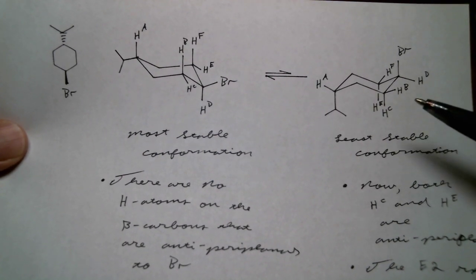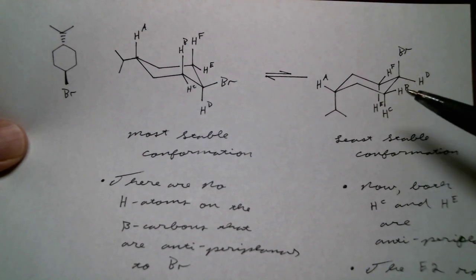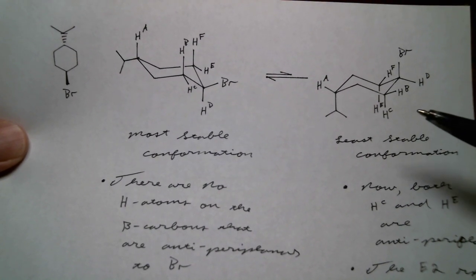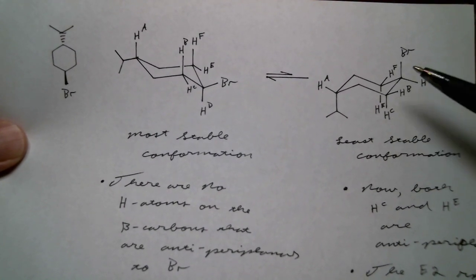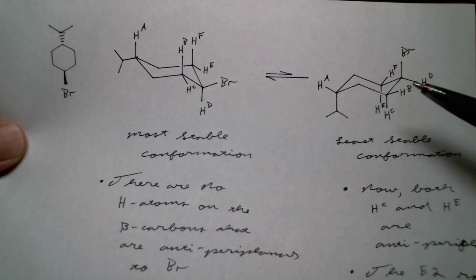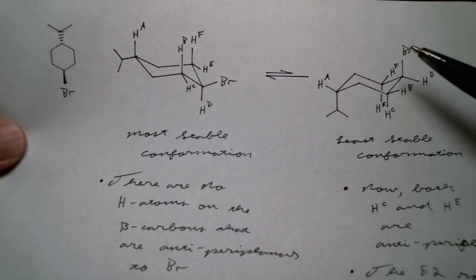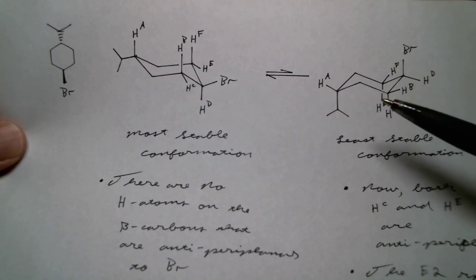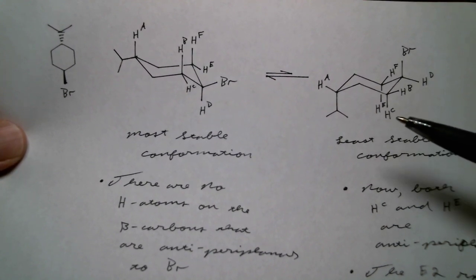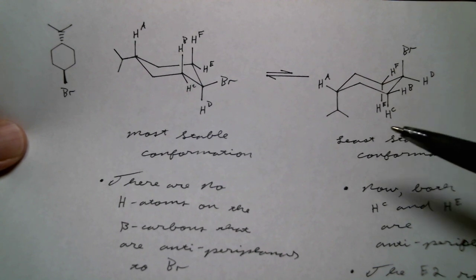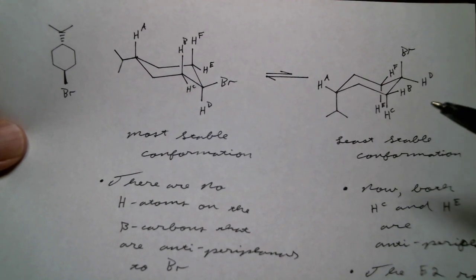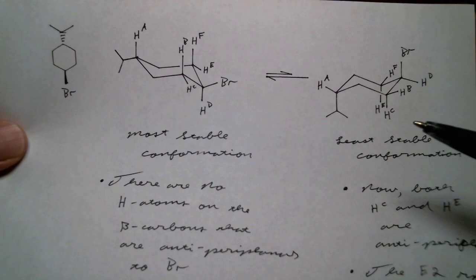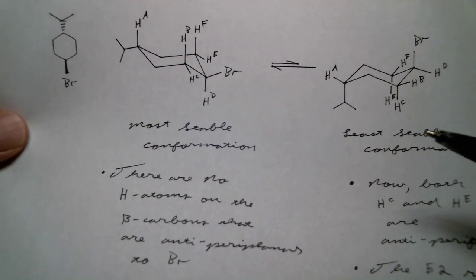This would definitely not like to get into this conformation. That would add to the activation energy of the E2 mechanism, because it's only in this conformation, where we have the bromine axial, that we have anti-periplanar hydrogens, Hc and He, on the adjacent beta carbons that we could pluck off to form our bimolecular elimination alkene products.